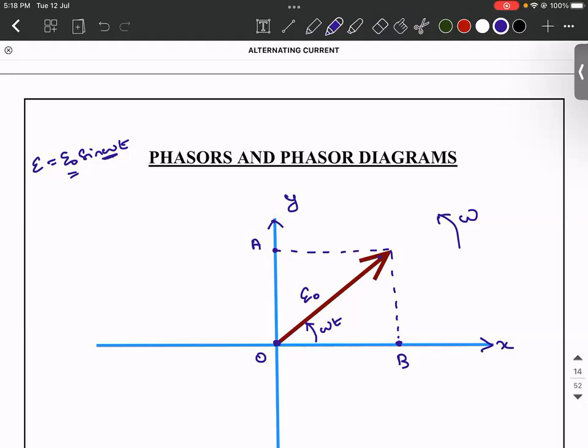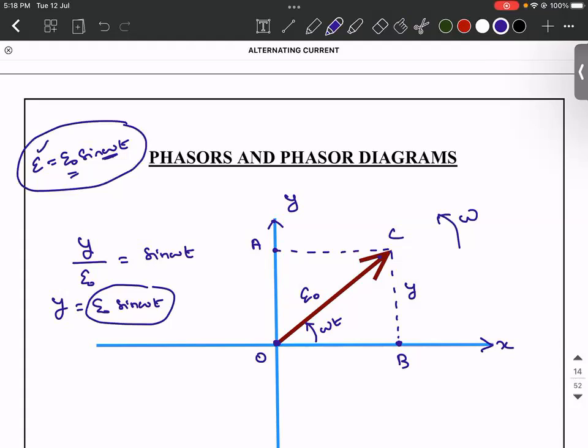Okay. So if I say this point is C, if I call BC as y, then what is y divided by E naught called as? Sine. Then y will be equal to E naught sine omega t. But what is E naught sine omega t?